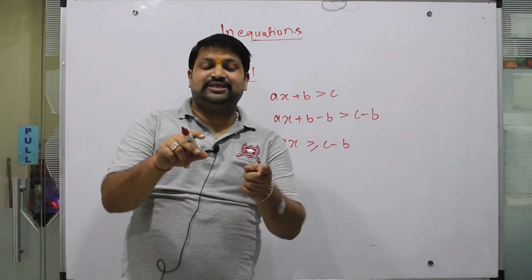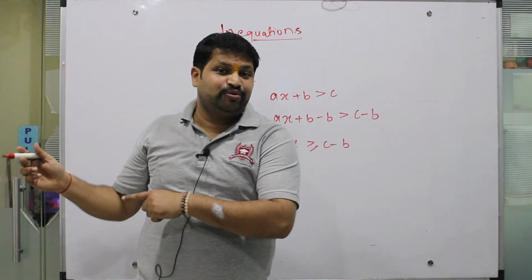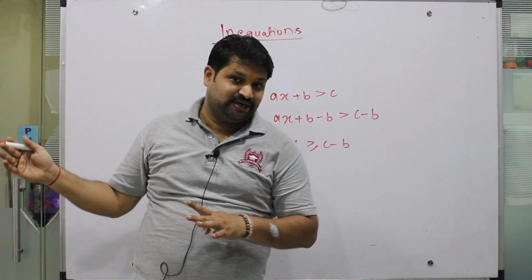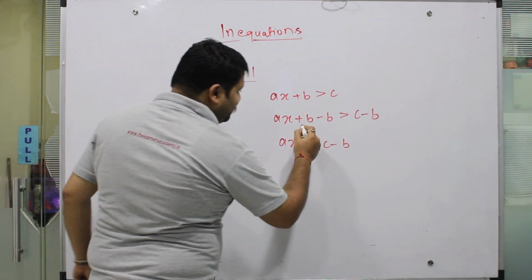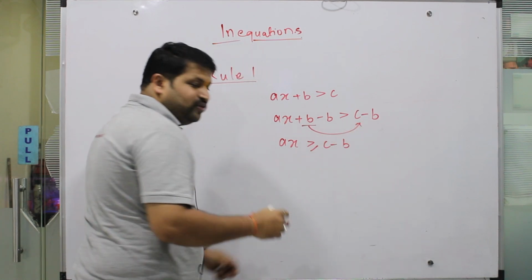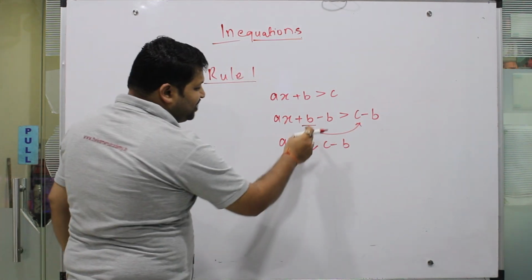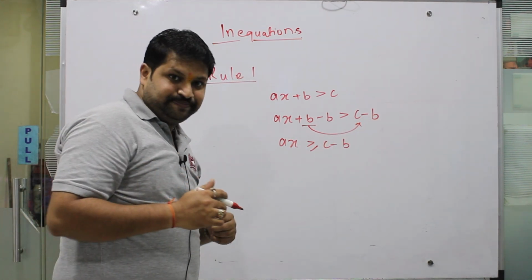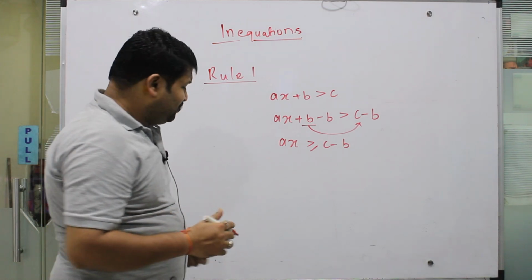If you could remember, this is the same transposing thing that we did in equations when we started talking about equations in 8th standard. कि अगर positive term है और उसको एक साइड से दूसरी साइड को लेके जाना है, तो we'll make it negative. So the b that was plus b here, it went to the other side, it became minus b. So let us take few examples of it.